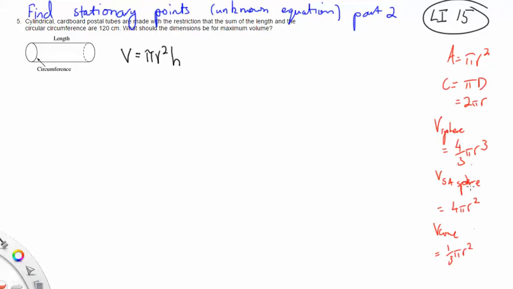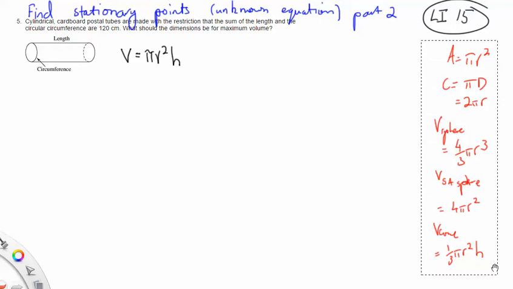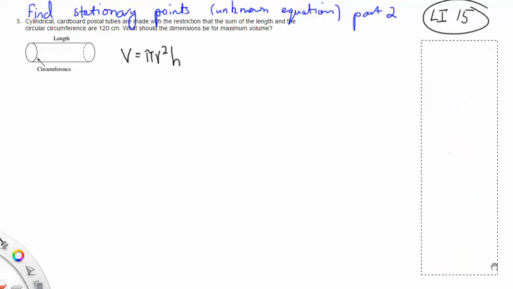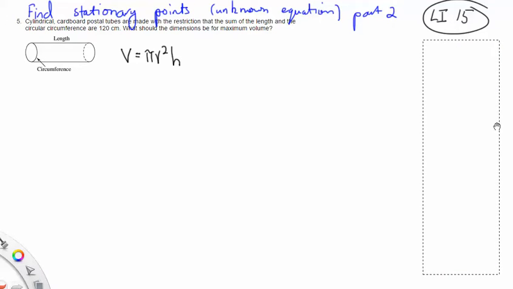That's just a few. You need to know the lot. There's more. So if that list looks familiar, good. If it doesn't, let me know and I'll find a list for you to get access to if you have trouble doing that. But we know the volume of a cylinder is given by this.